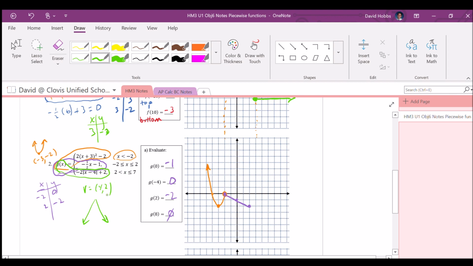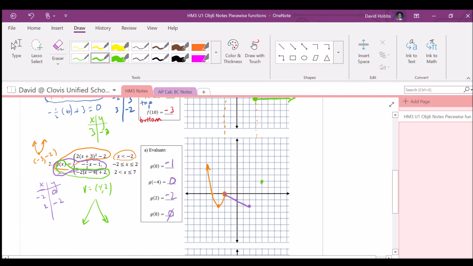Yes, it is. Okay, and so let's go ahead and plot that. So 4, 2. Now it does have boundary points at 2 and 7. So let's actually plug those in. Okay, so 2 and 7.